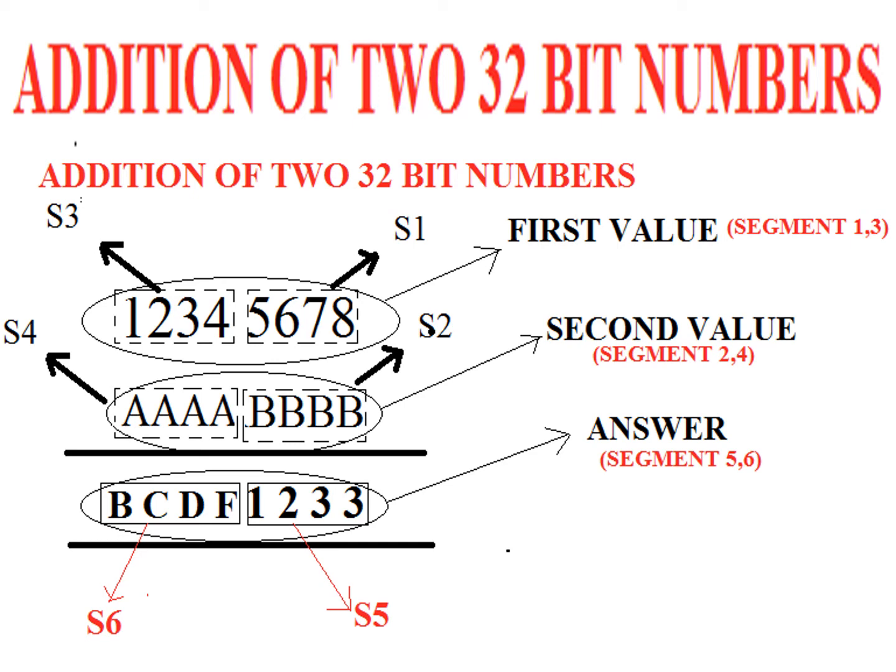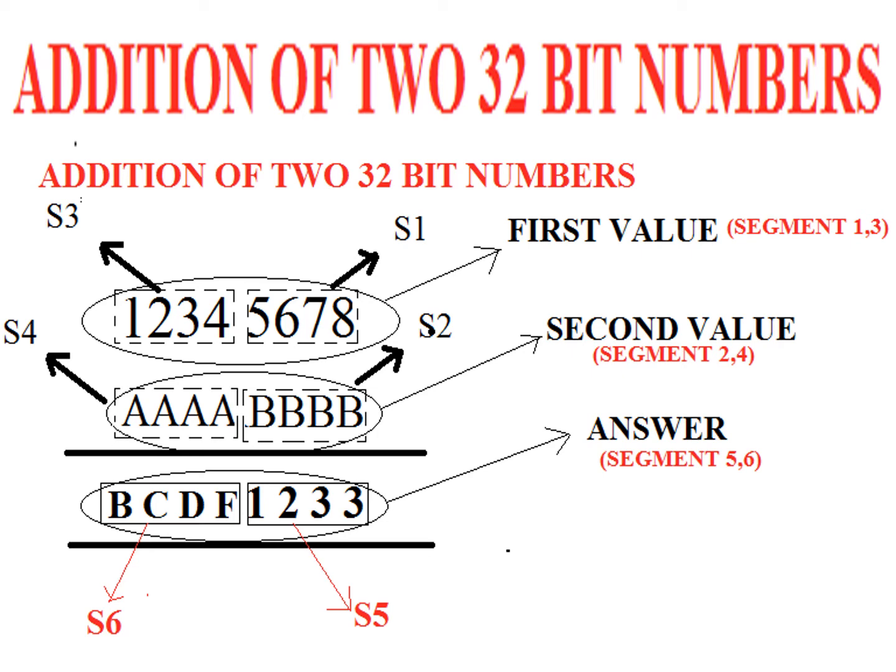That is why 5678 is mentioned as segment 1, S1, and BBBB is segment 2. These two I will add first. I will get a value 1233, with one carry. That carry I will add with the next number, 1234. At present consider your answer is 1233; I will store that answer in S5.